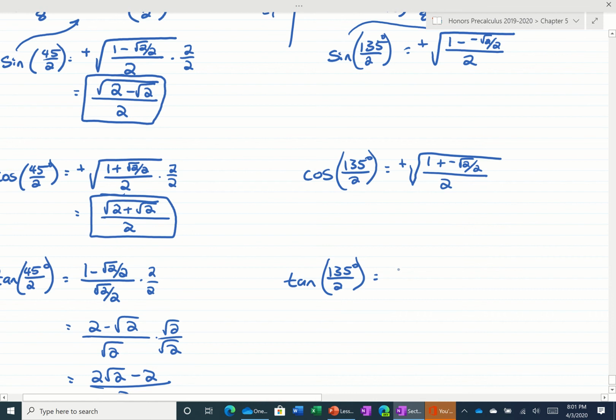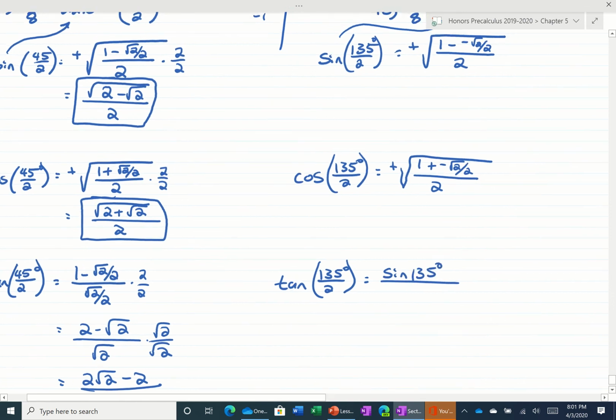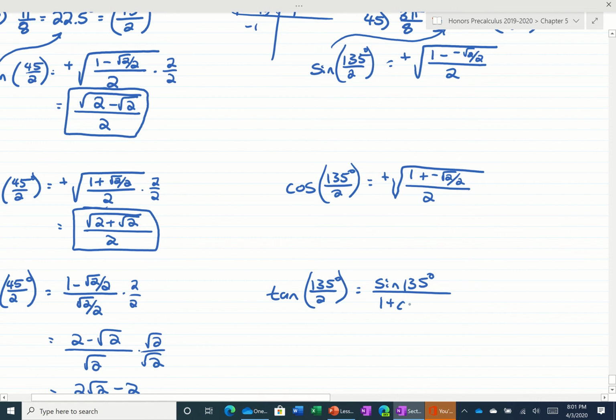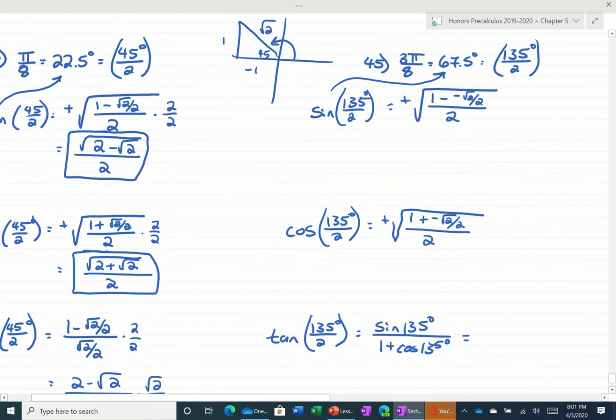I'm going to say it's going to be the sine of 135 over 1 plus the cosine of 135. So the sine of this angle would be root 2 over 2. 1 plus the cosine would be negative root 2 over 2.